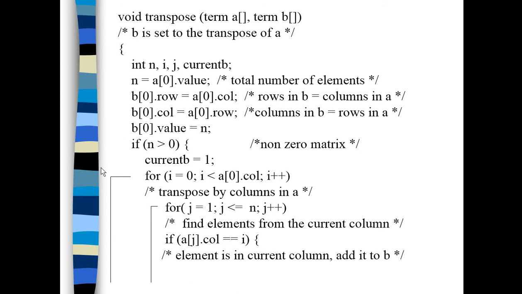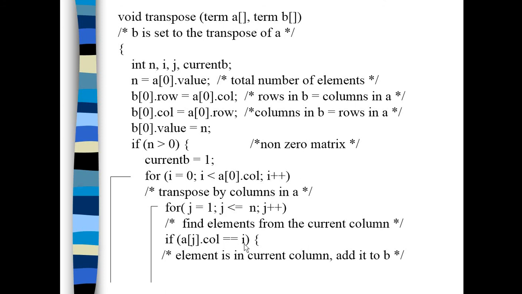So for I equals 0 and I less than A of 0 dot column, because we are going to put it in the B transpose matrix, and for J equal to 1, J less than or equal to N. This is used to access the non-zero elements. Here we will be accessing A of J dot column, if it is equal to I.